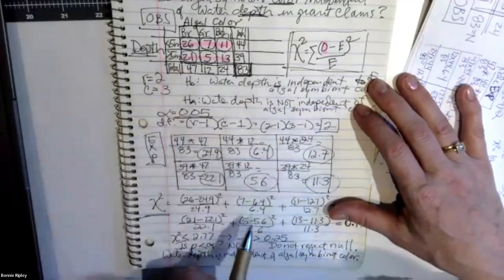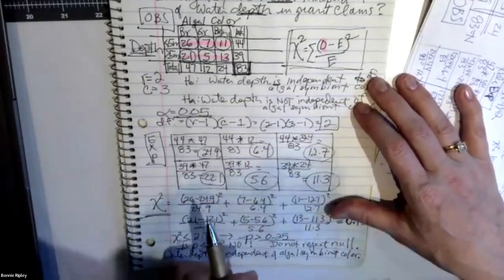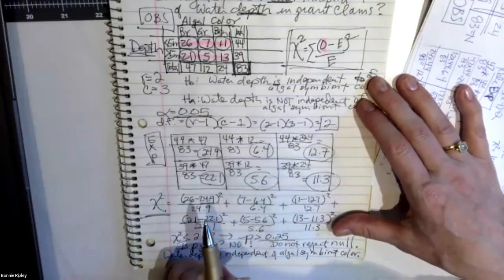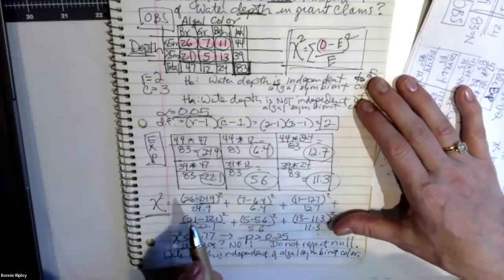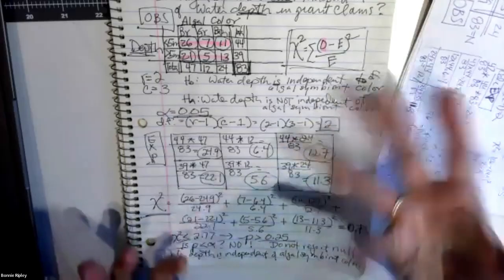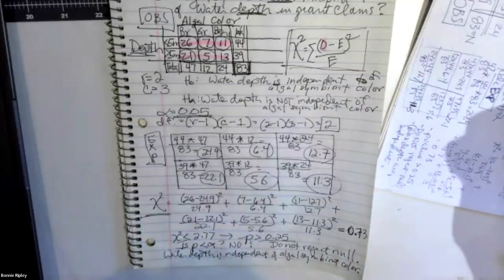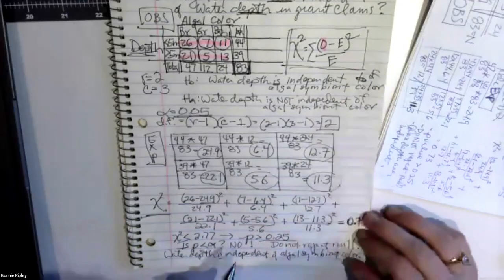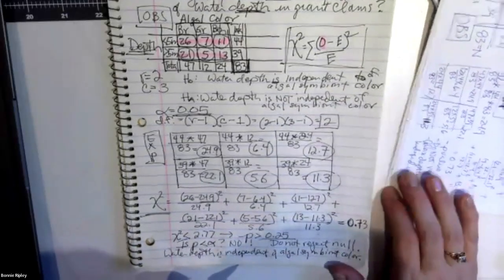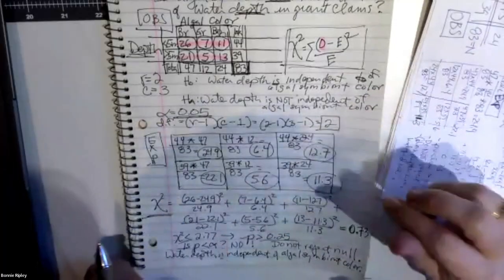But remember looking at the graph earlier, there weren't huge differences between the number of clams that had each of the color combinations in the two depths. Our observed and our expecteds weren't exactly the same, but there wasn't enough total difference across all of those groups that we could reject the null. So our color and our depth are indeed independent based on this experiment.